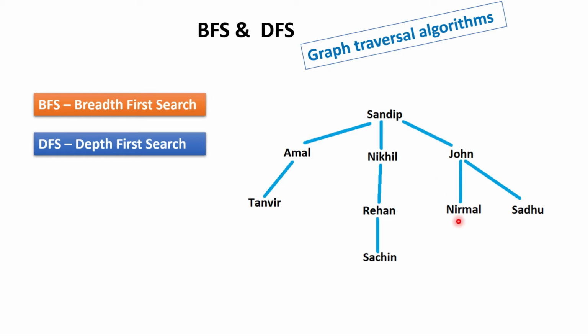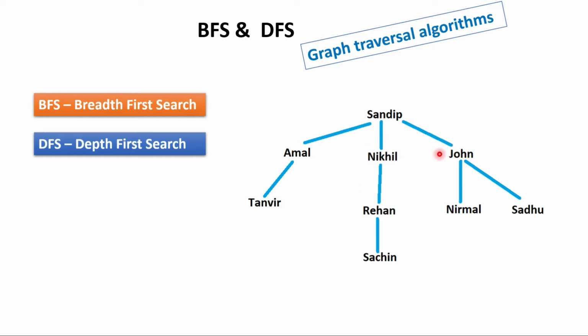So if I have to take their names in breadth first search manner, then I have to first check who are my friends first. Obviously my name will come first, then Amal, Nikhil and John. Then I have to go to Amal and check who is his friend, Tanvir. Then I come back to Nikhil and check Nikhil's immediate friend, that is Rehan.